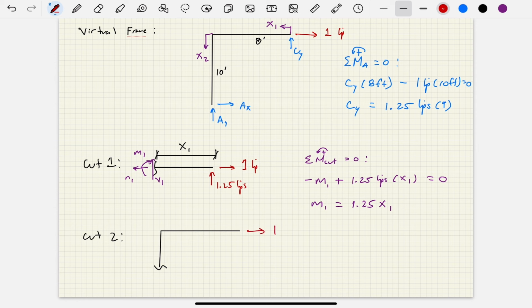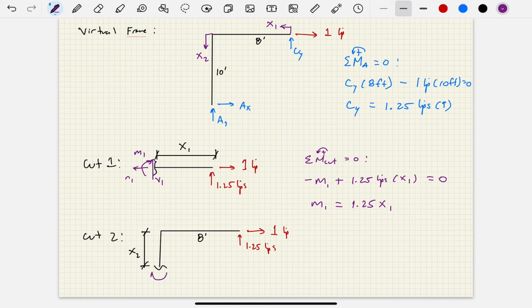Well, I still have that virtual 1 kip here, and I still have that reaction at CY, 1.25 kips. And this entire horizontal length is showing up as 8 feet. And this little dimension here, this little nub of a dimension, what length is that? Well, that's x2, okay?